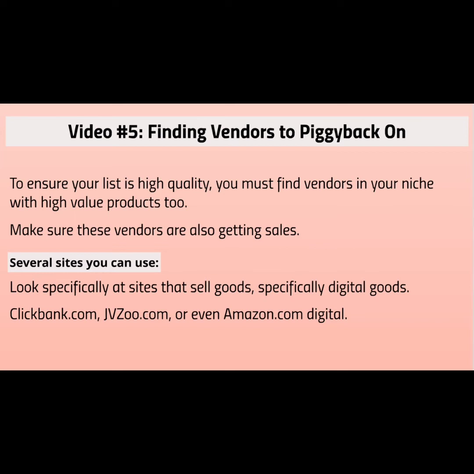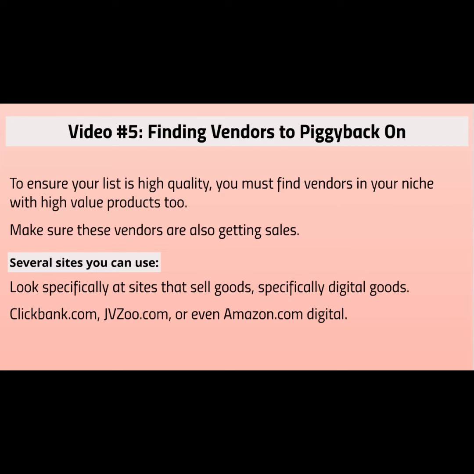You can use sites like clickbank.com to find vendors. And this is a great site to go to because clickbank.com will actually show you stats of how well the vendor's product is selling. And the great thing about this is it really encompasses many different niches, everything from wealth to religion to different types of broad spectrums of niches.